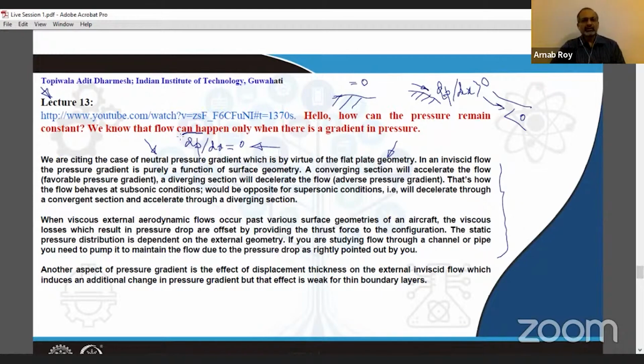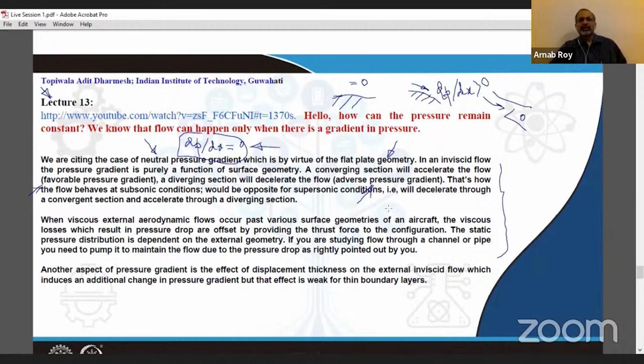So though your question was referred to the flat plate geometry, I would like to mention the other cases also. So for example, the converging section will accelerate the flow. It will create a favorable pressure gradient. A diverging section will decelerate the flow. That's an adverse pressure gradient, and these are kind of intuitive to us. This is how the flow would also behave in the subsonic regime.